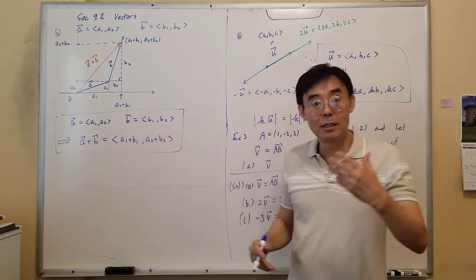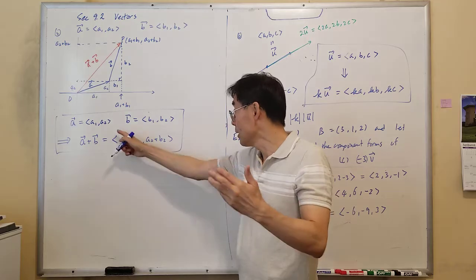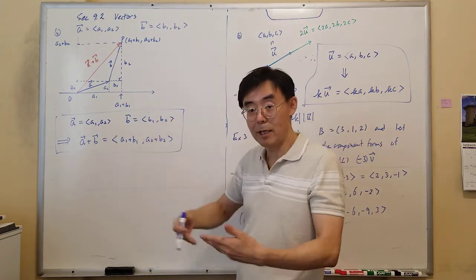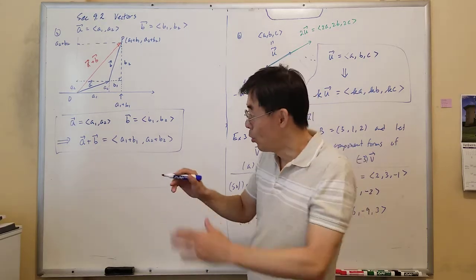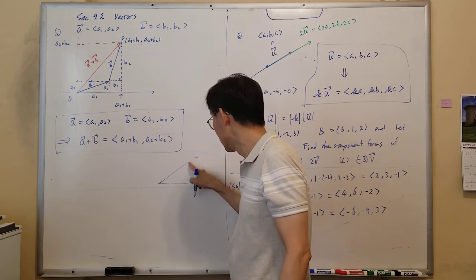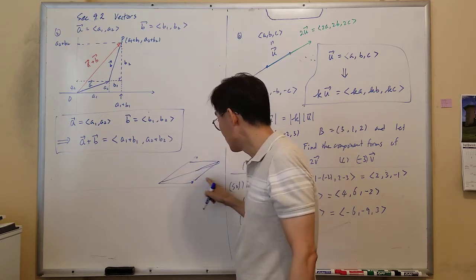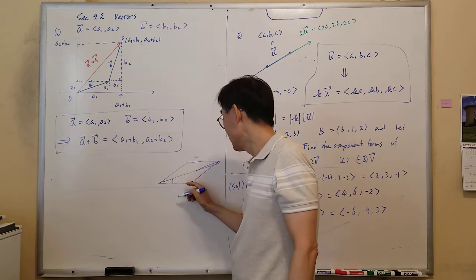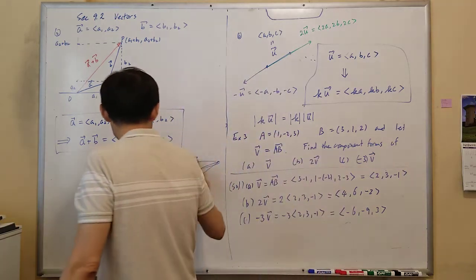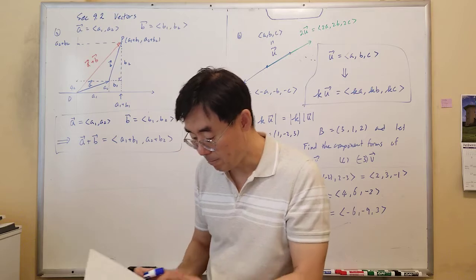Because we can get the sum of two vectors right away by component-wise addition. X component plus X component, Y component plus Y component, that's it, right? No more cosine laws. When you draw these vectors, to get this angle and this direction, you need sine law, cosine law. We don't have to do that if you are given vectors in component form, all right?